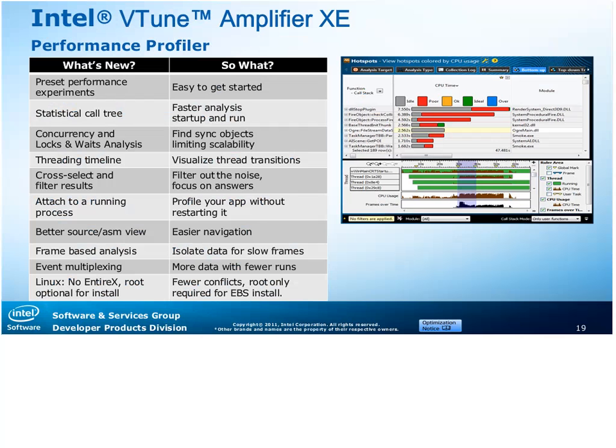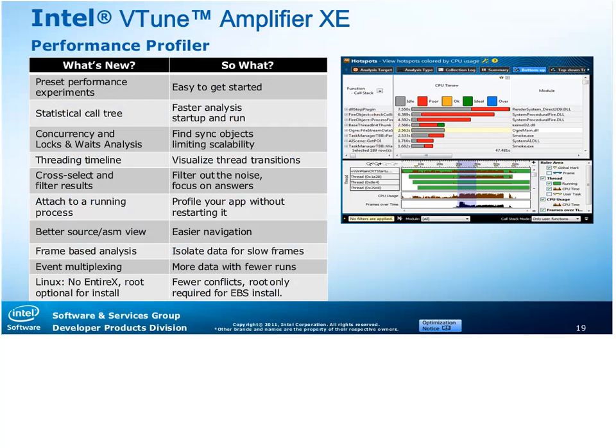Some of the features in the most recent version of Intel vTune Amplifier: preset performance experiments. It has preset questions that you just click and say, I want to find where it's spending my time, or I want to know where my memory usage is, and it will collect exactly the kinds of events that are needed for that.